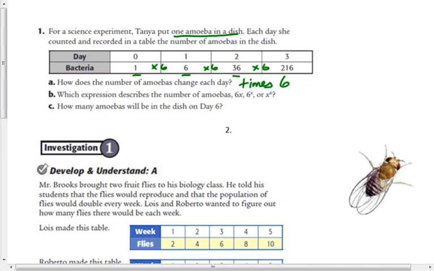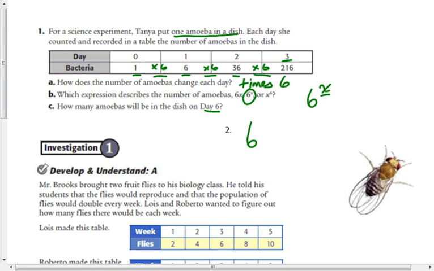So which expression describes the number of amoebas? Well, notice that we are continually multiplying by 6. And the expression that continually multiplies by the same base of 6 is this one here, 6 to the x power. How many amoebas will be in the dish in day 6? To figure that out, notice in day 3 we have 216, which is multiplied by 6 3 times. So on day 6, we're going to multiply by 6 6 times, because our x stands for how many days.